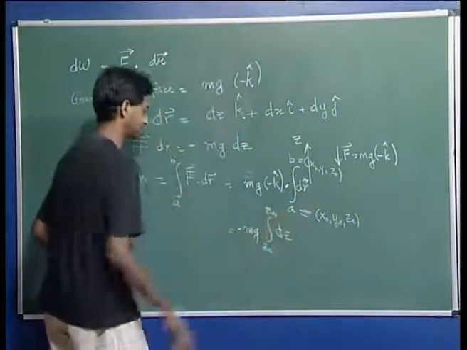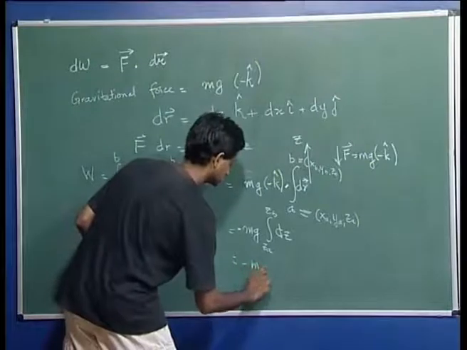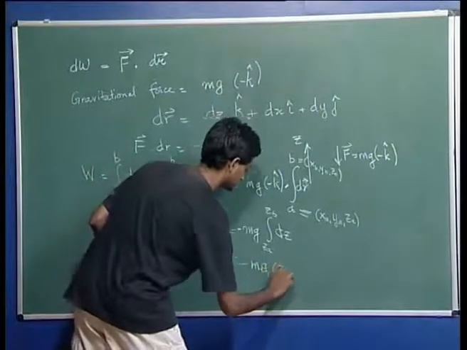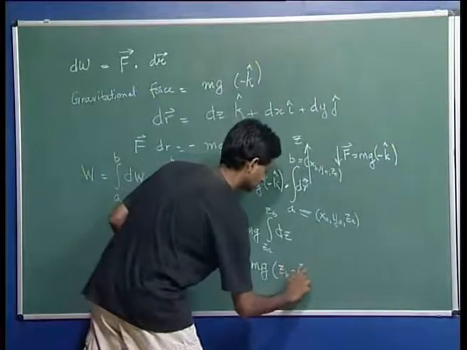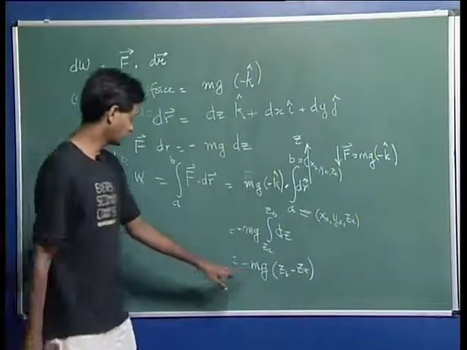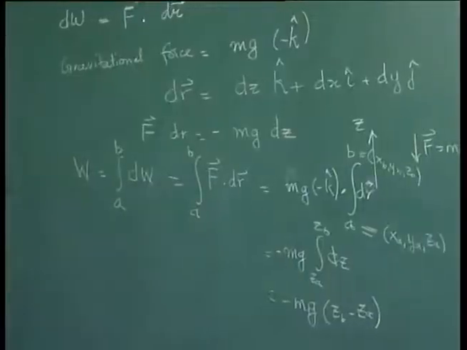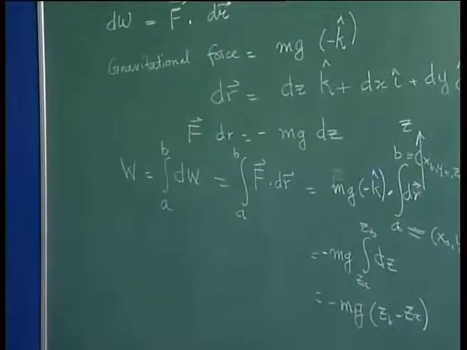So it is independent of xa and ya, and this is just equal to minus mg times (zb minus za). So you can calculate the work done by this force in a straightforward procedure.